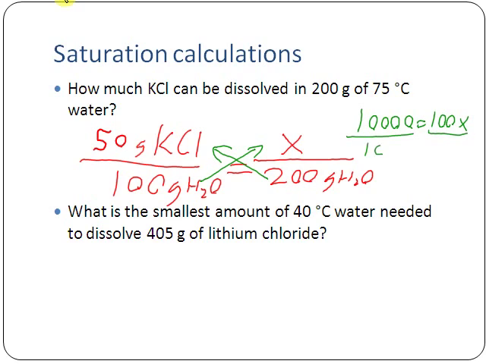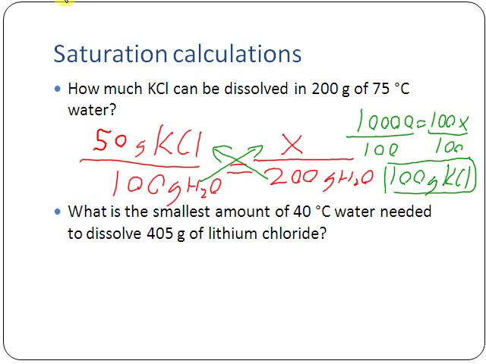Divide both sides by 100. 10,000 divided by 100, I get 100. So x equals 100. I could manage to fit 100 grams of KCl into 200 grams of water at 75 degrees C.